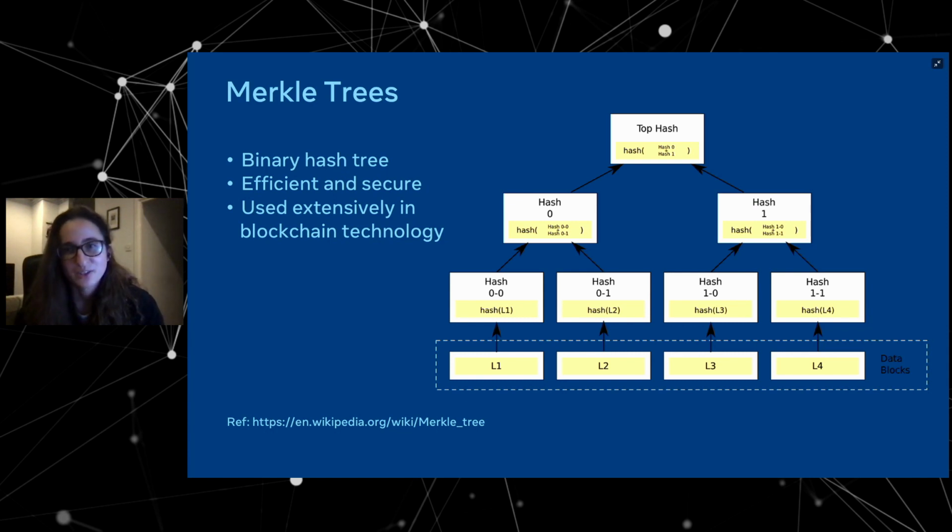If you do go on to read more about Merkle trees after this talk, you'll notice that there is a lot of content online around its use in blockchain technology, as well as in things like verifying file contents. But all of this is a bit abstract. So to illustrate how a Merkle tree works, let's go through an example.